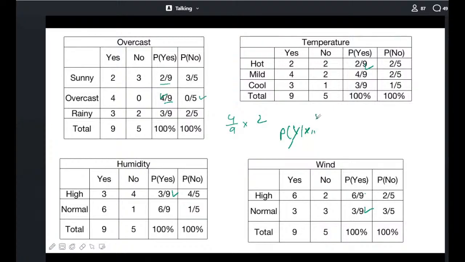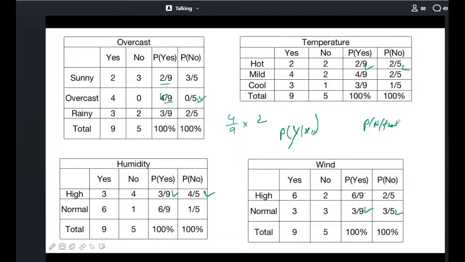In the same way, you compute the probability of no given all the conditions. That means 0 by 5, 2 by 5, then 4 by 5, and finally 4 by 5 and 3 by 5. That is the probability of no given all the features.